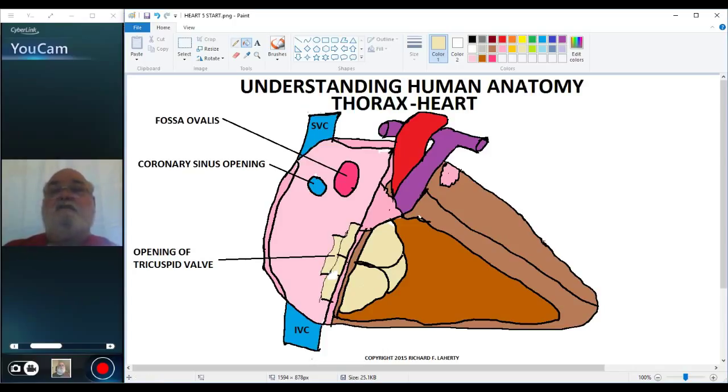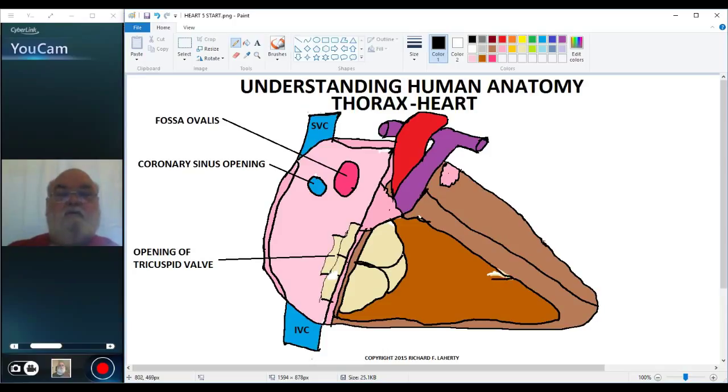And we're going to see that each of these flaps has some cords running down to projections of muscle. So let me draw in the projections of muscle. These are called the papillary muscles.